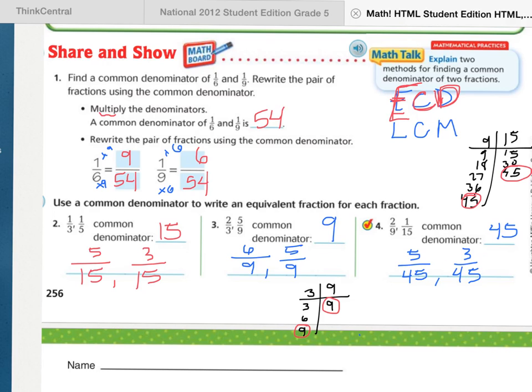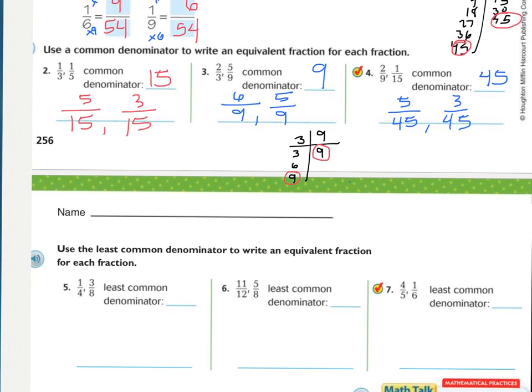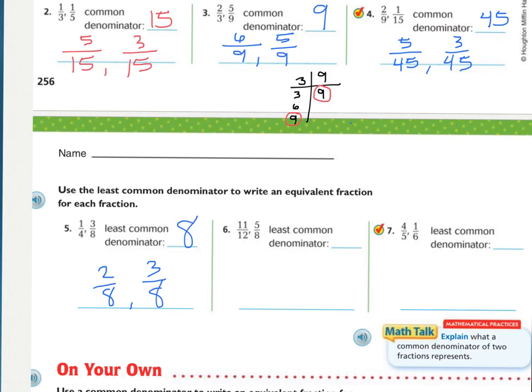And then I multiplied the numerators the same way. On number 5, I saw right away that 8 is a multiple of 4, so I just needed to make the 1/4 have a denominator of 8, so I left my 3/8 and multiplied my 1/4 by 2, so 2/8 with the common denominator of 8.